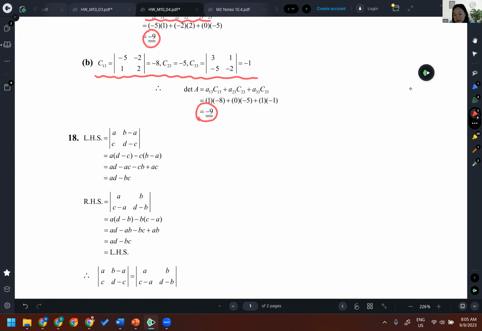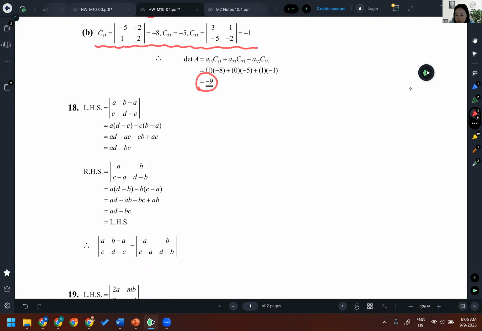For question 18. Question 18 asks you to prove that the determinants of this and this are equal. Now the process is not difficult, but this reveals something more profound behind.